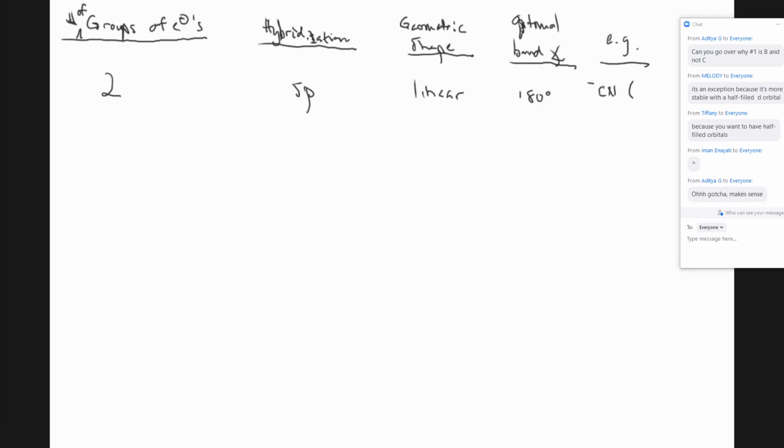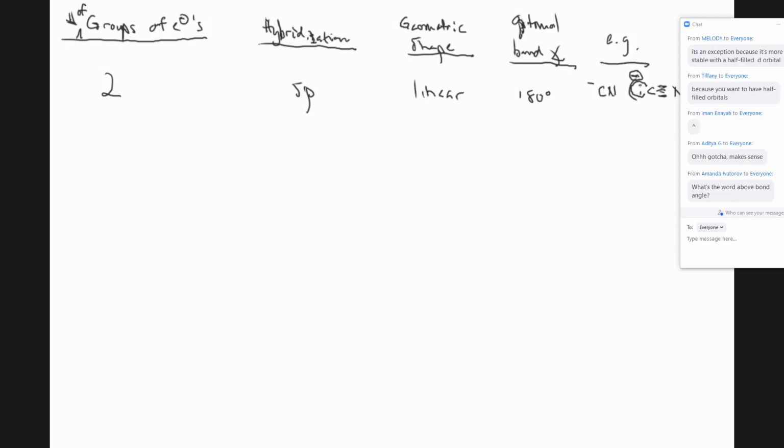Carbon is triple bonded to nitrogen, and it has a lone pair. Carbon should typically only have 4 electrons around it, but in this case it has 5, so that's why the negative charge is on the carbon itself. So it has one group of electrons, the lone pair, and another group of electrons, the triple bond. Okay.